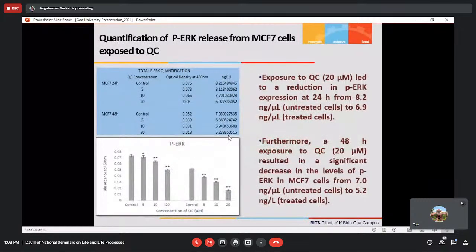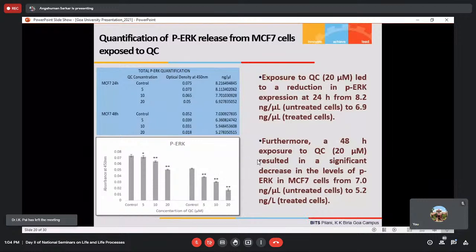And we have also shown how the ERK pathway is getting affected while exposing to quinacrine. The quantification of phospho-ERK release from the MCF7 cells exposed to quinacrine has been documented here.